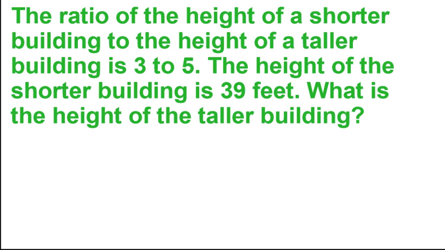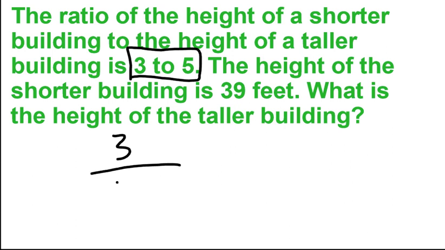All right, so I changed one of the numbers on here, but basically this is like one we did yesterday. We had a ratio of the height of a shorter building to the height of a taller building is 3 to 5. The height of the shorter building is 39 feet. What is the height of the taller building? When a problem gives you the ratio, like this one does, we can use that ratio to make a proportion.